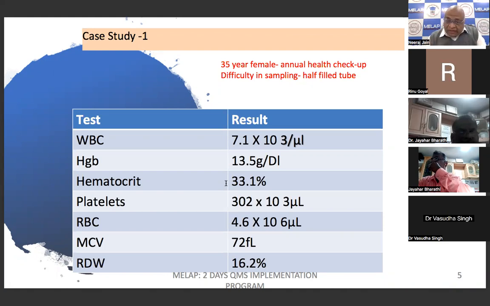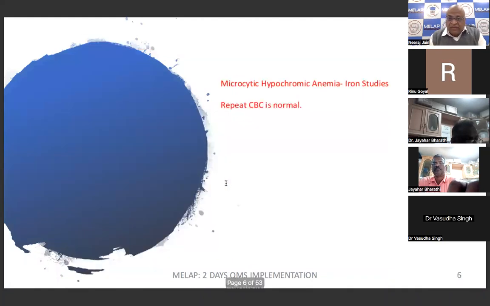Because of excess EDTA, there is shrinkage of red cells, and because of that shrinkage, you will get low MCV. In this sample the 1:3 ratio is not maintained. When a repeat sample was collected properly, everything was normal. This is a pre-analytical error. We have to collect our sample very carefully, because our report is only as good as the quality of the sample received.